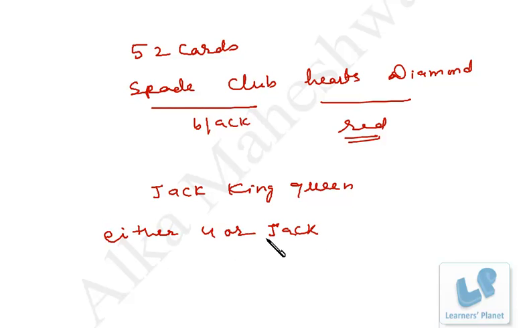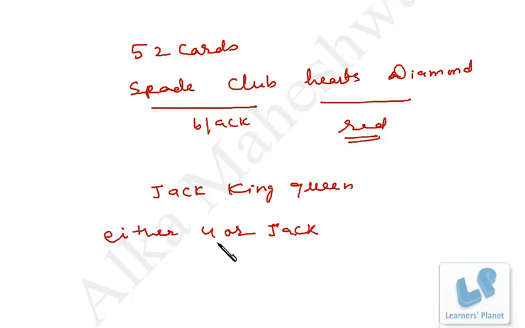First of all you have to judge whether this is mutually exclusive event, non-exclusive event or independent event. So just think, the number which is 4 cannot be jack or jack cannot be 4, right? So this is mutually exclusive event, right?